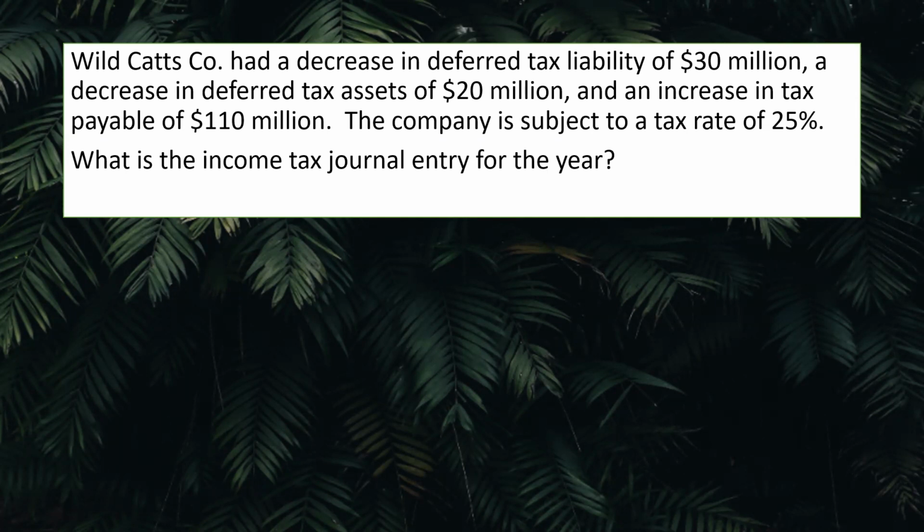All right. So we know that anytime there is a tax entry, you are going to have a debit to income tax expense and a credit to income tax payable. And if there's any change in the deferred tax assets, deferred tax liability, that's going to show up in between there.